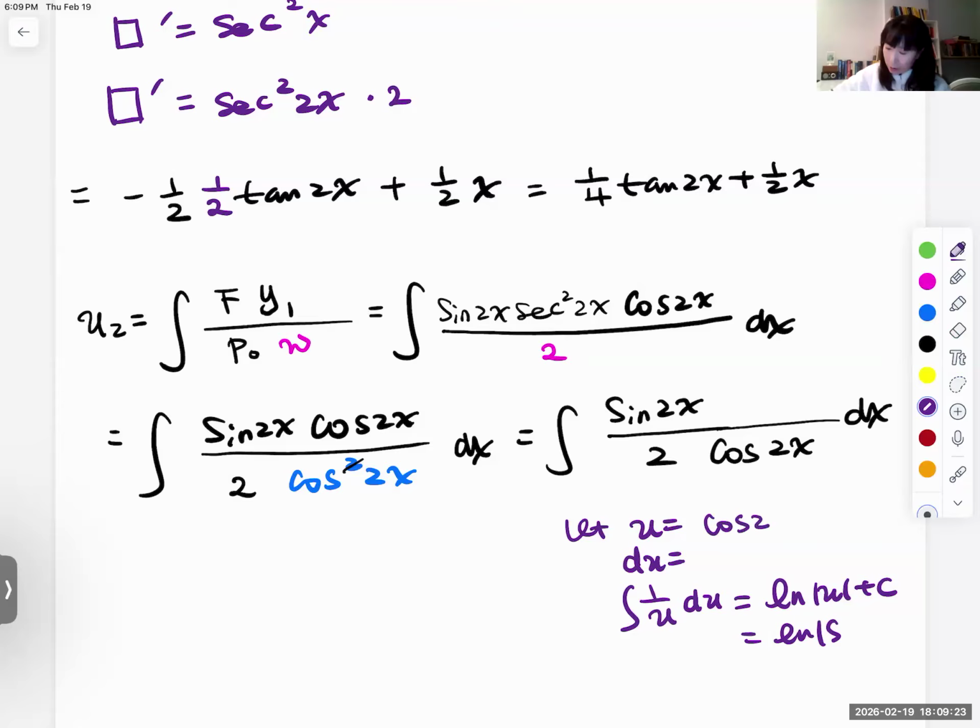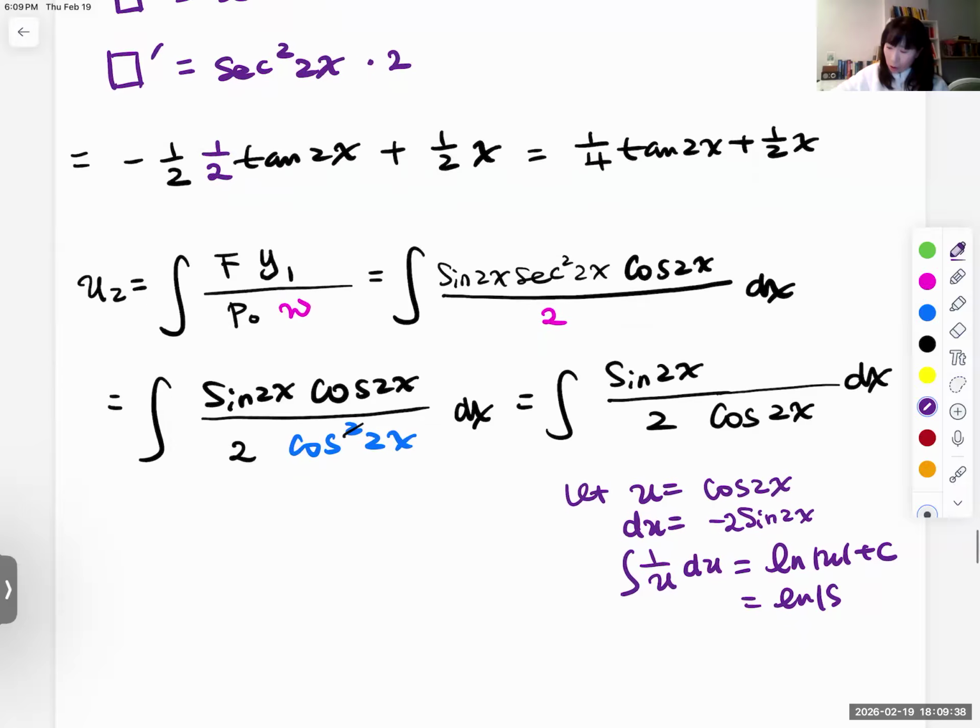Sorry about that. Derivative minus sine 2x times 2, yeah? Okay, that will be 1 over 2 then, yes? So negative 1 over 2 ln cosine 2x plus c, yeah.